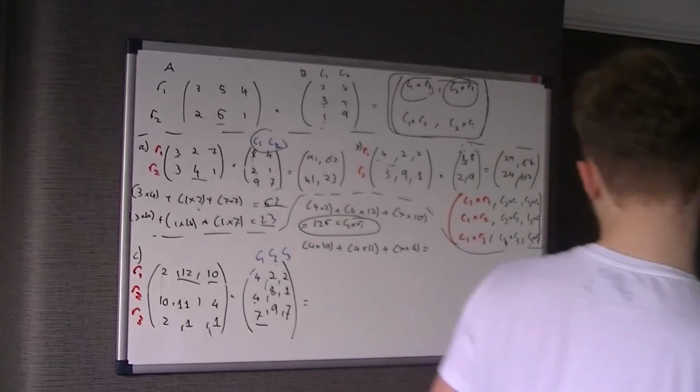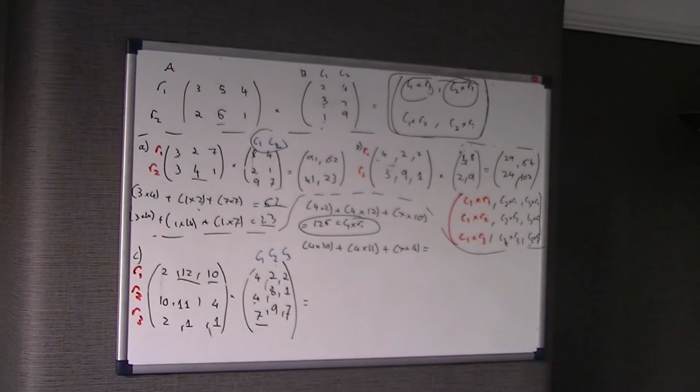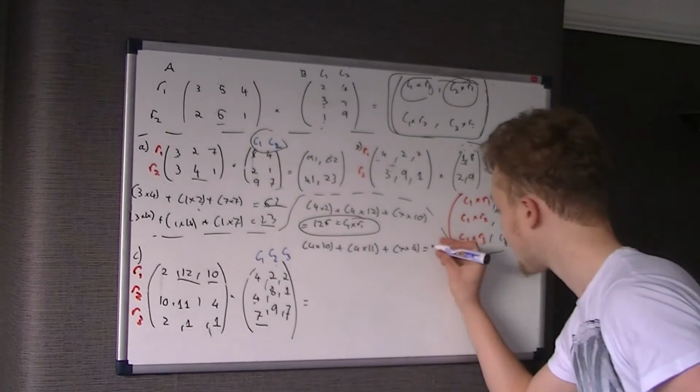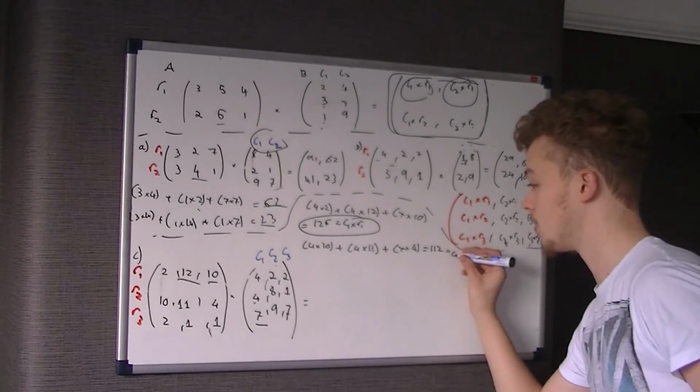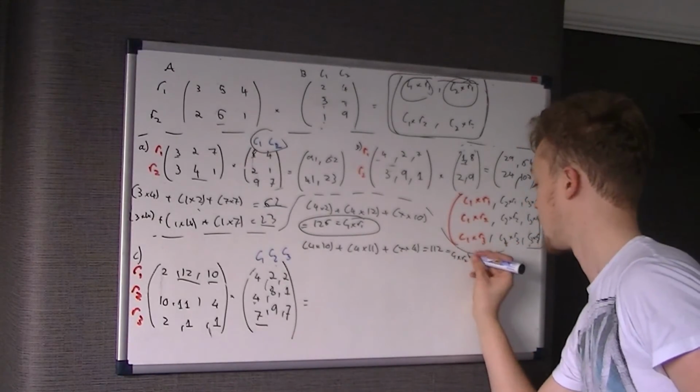So that's 40 plus 44 plus 28, which is 112. And that is equal to column 1 times row 2.